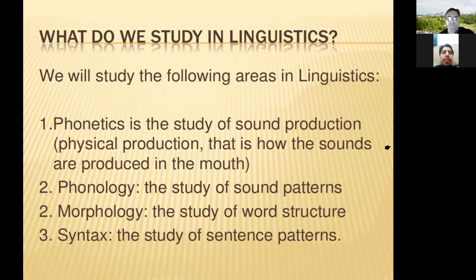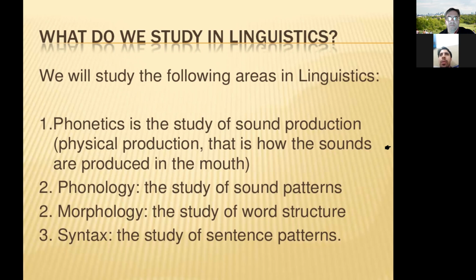Then we have morphology. Let us look at the word morphology. We have two terms here, morph and logy. Morph means form, and logy means study. So it is the study of the forms of words, how words are formed, or you can say the study of the internal structure of a word.